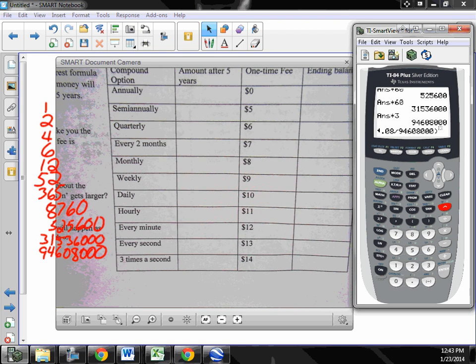I don't have to have parentheses in my exponent, but if you have the little caret button that shows up, then you do need parentheses. My version doesn't need it. So I type that number in again, 9,460,608,000, and I'm going to times that by t, which is 5 years. Good.